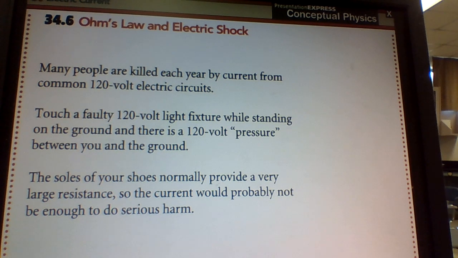But if you take that 120 volts and you've been sweating, or you just got out of the shower and you touch that faulty system, you can exert a pretty good pressure across yourself, which is going to cause a decent current to flow. And then there's going to be some problems.